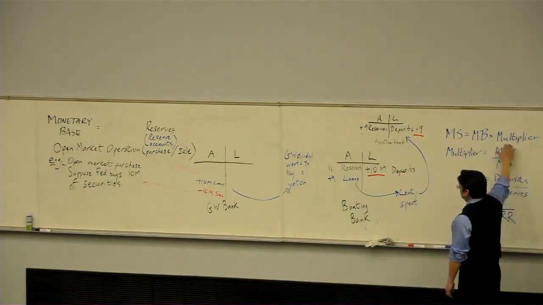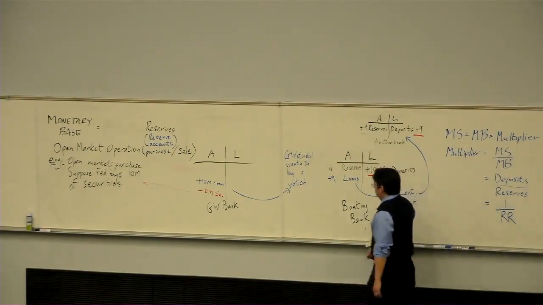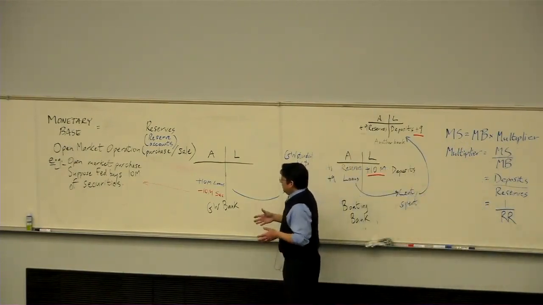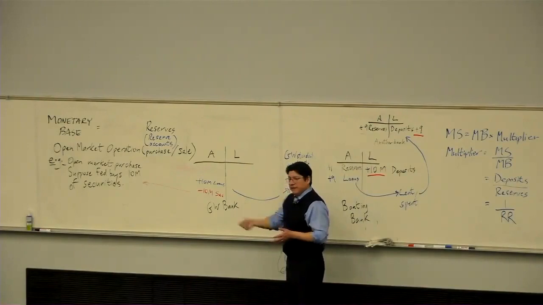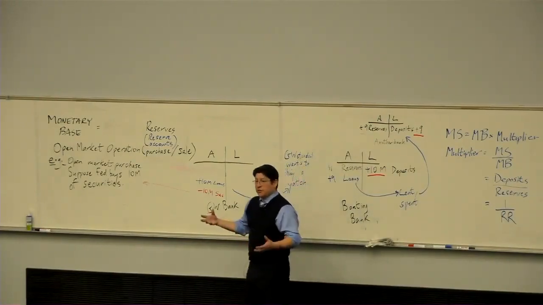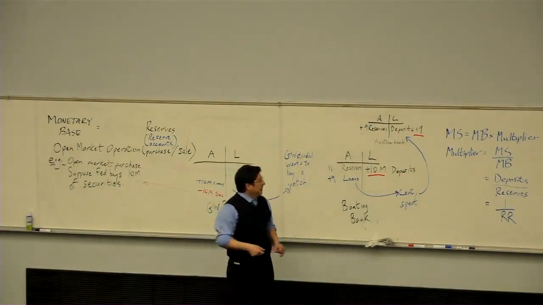We're also seeing why this multiplier is there. It's there because these extra reserves actually get lent out multiple times. Each time they're lent and spent, they generate new deposits.